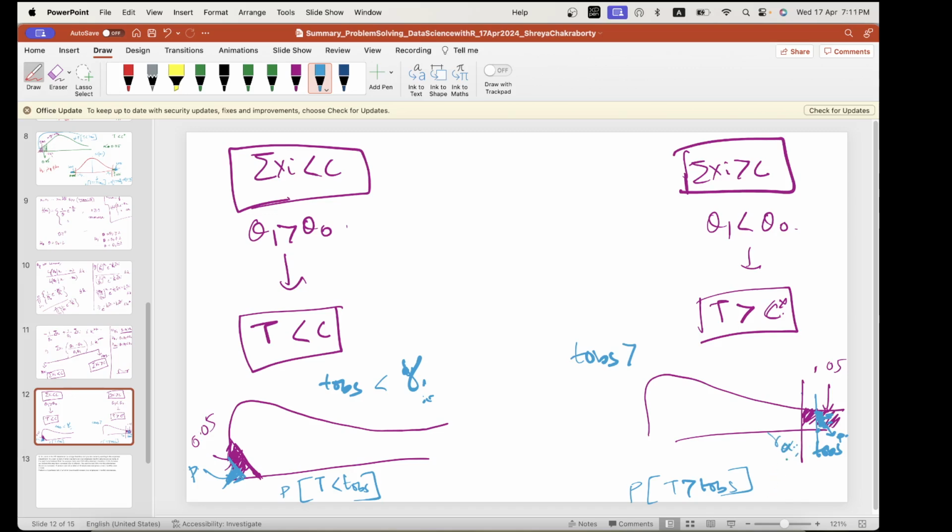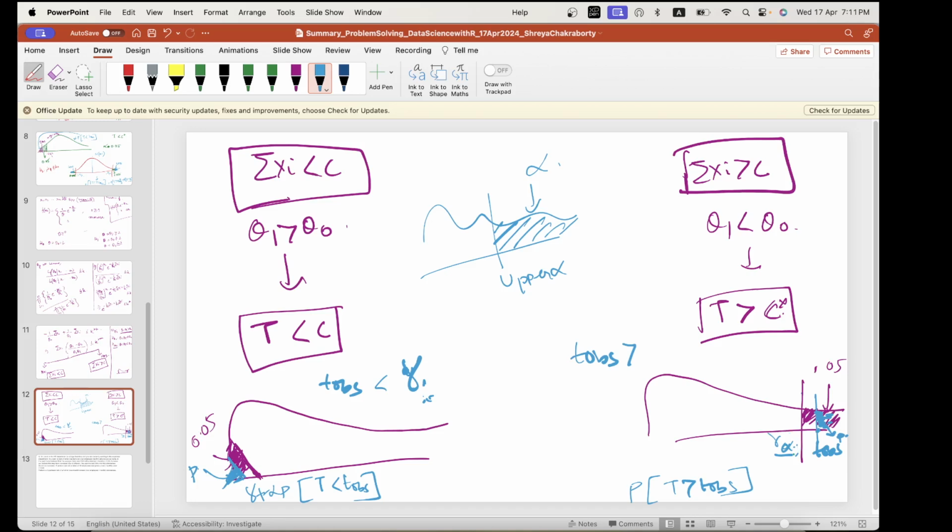Now note, since this is not a symmetric distribution, let's say this is, I call it, 1 minus alpha. The upper alpha point of any distribution is the point such that the area above this point is alpha. So for a skewed distribution, this point will be gamma 1 minus alpha, and this point will be gamma alpha.